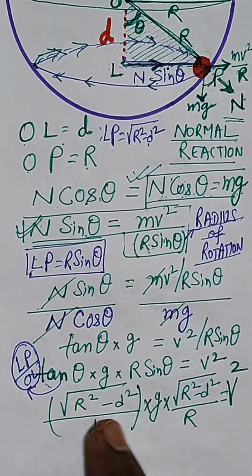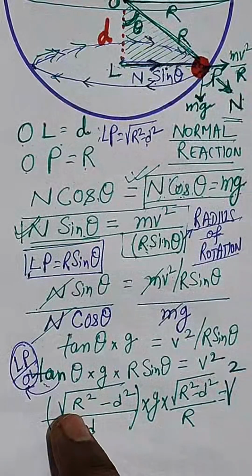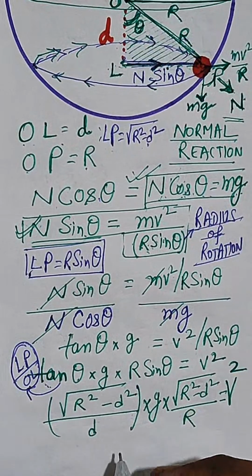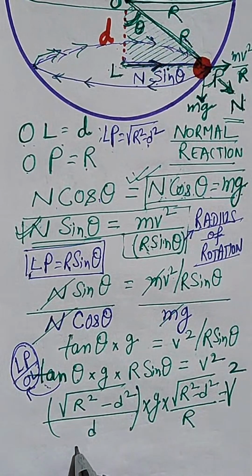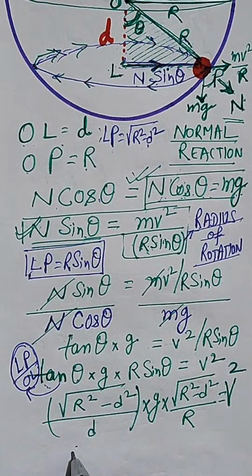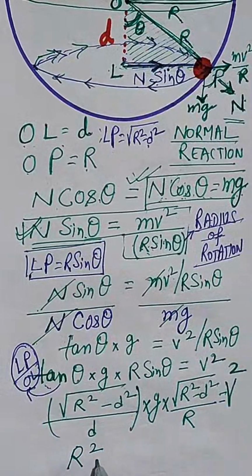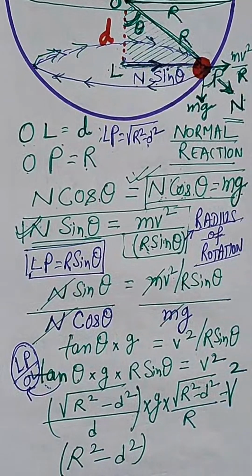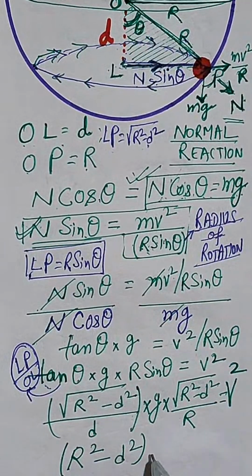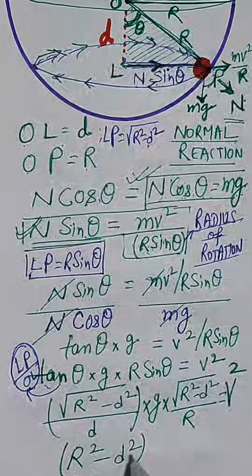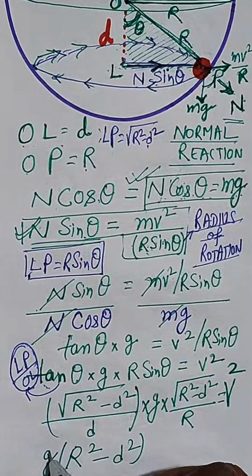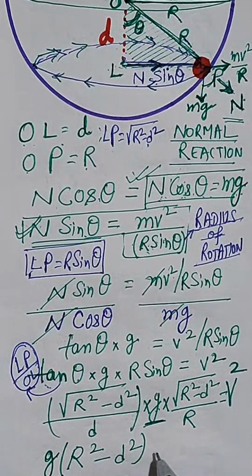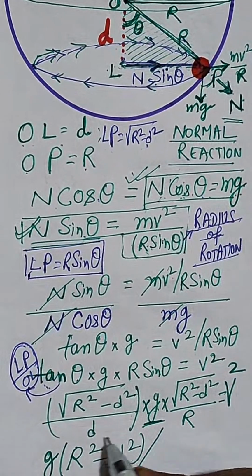Now when you multiply root over r square minus d square and root over r square minus d square, this will give you r square minus d square. Root will be eliminated. Into g, this g, whole divided by d r.